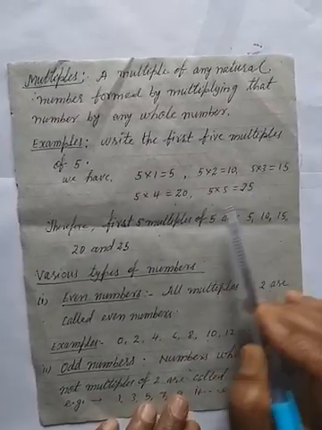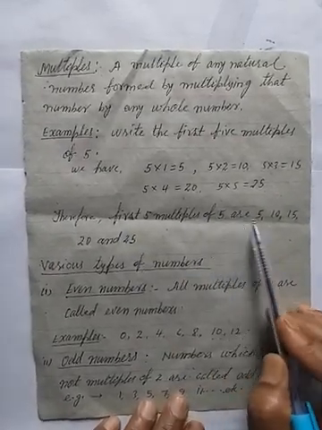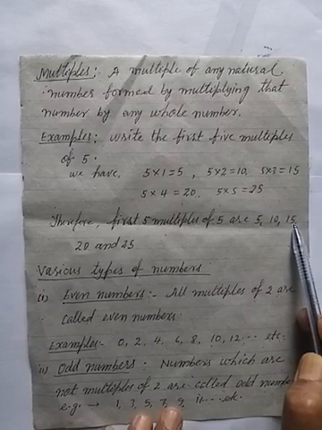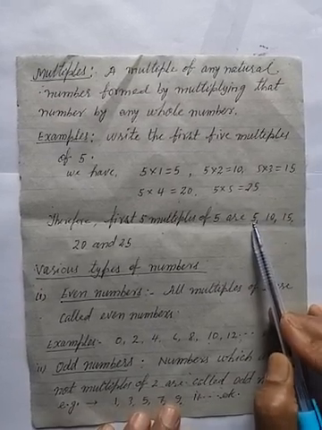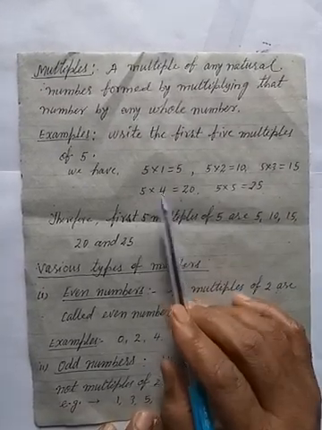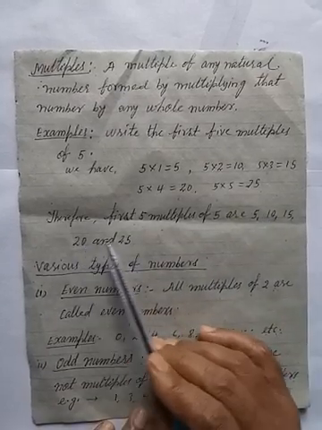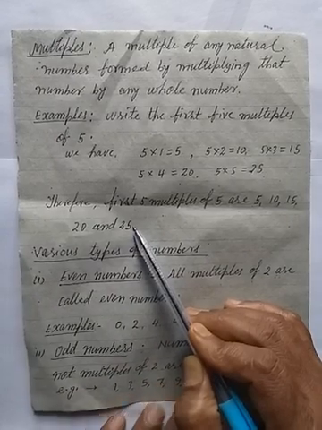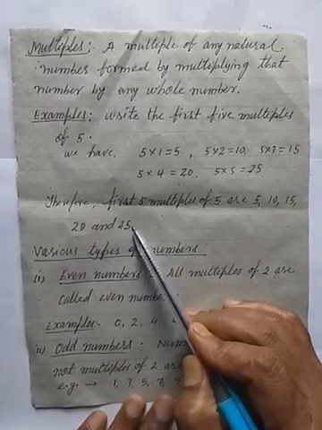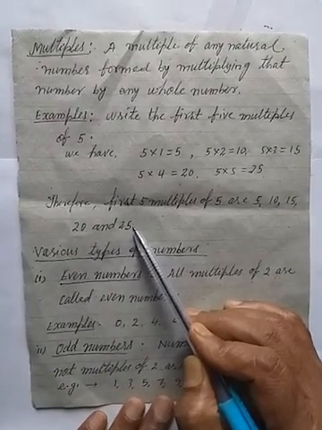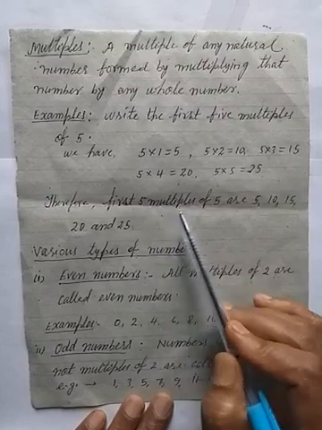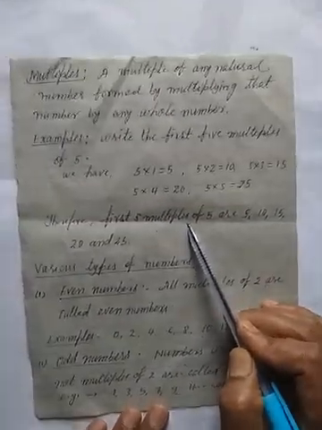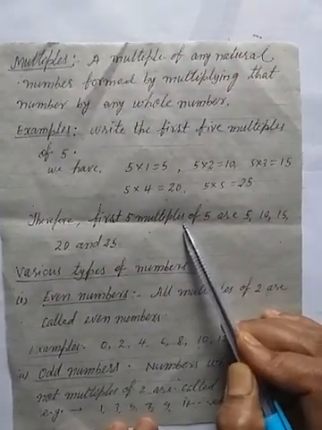So the answer is, the first 5 multiples of 5 are 5, 10, 15, 20 and 25. Okay students, so you can find so many numbers by the multiples. How do you find the multiples of a number? You take an example and you can write and find out the multiples of the given number.